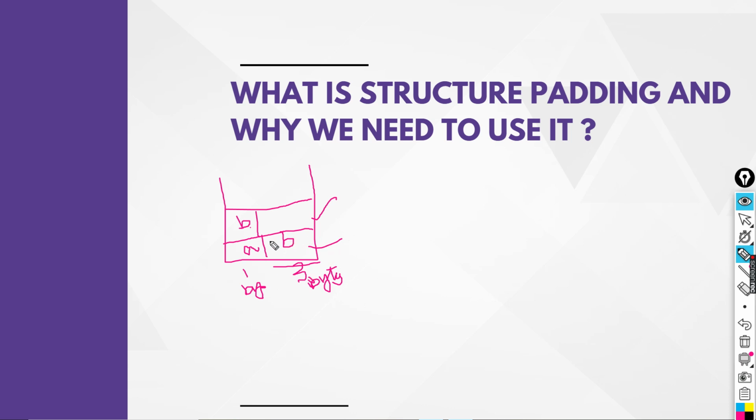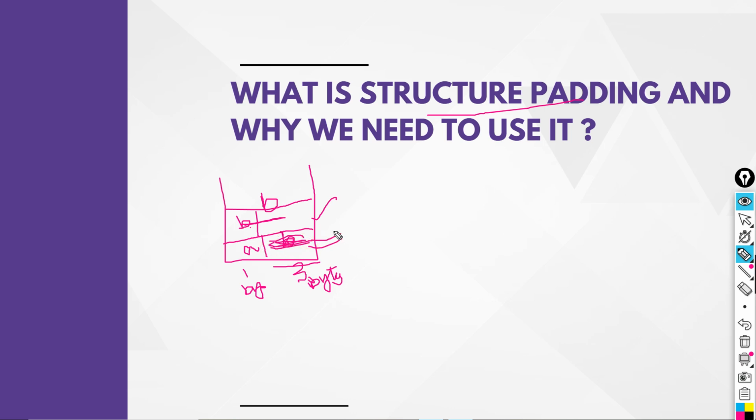To avoid this unaligned memory access we use structure padding. Instead of using these 3 bytes here, you can use the whole 4 bytes. So this space is empty, right? Here we pad this space.